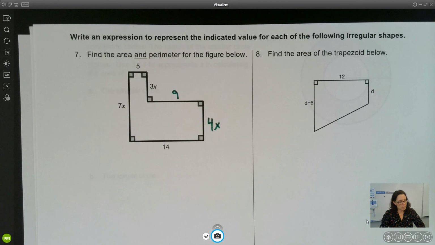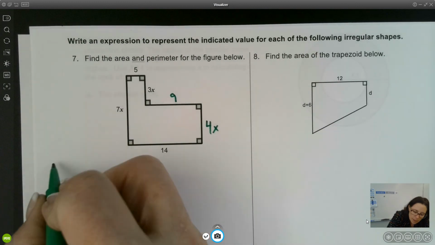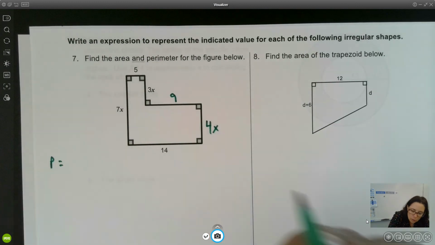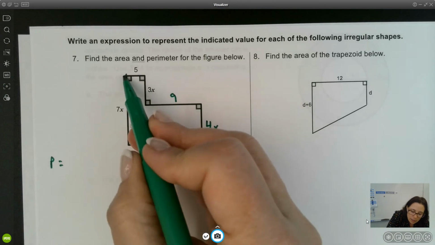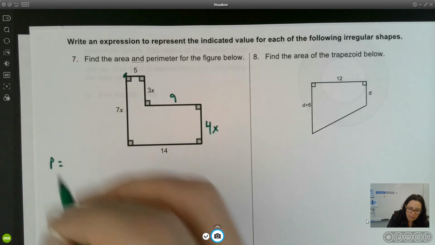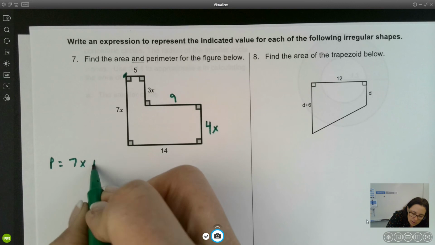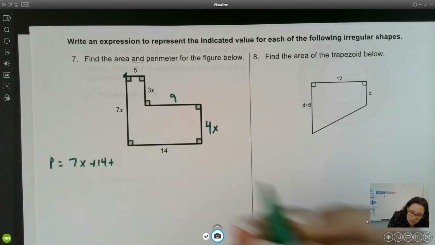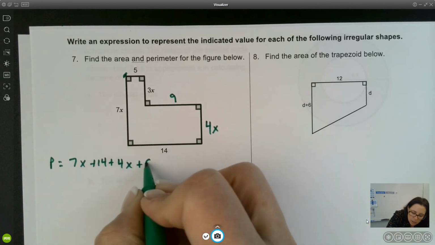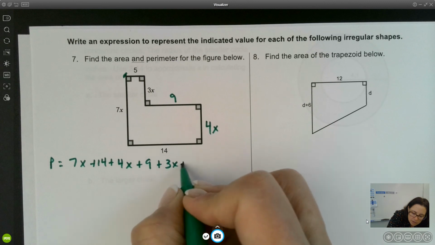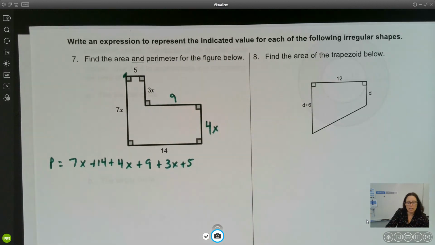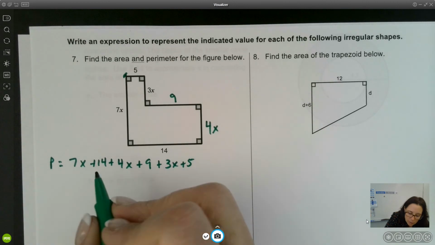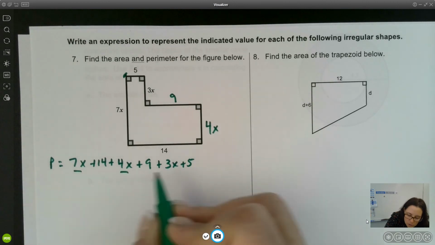Okay, so the perimeter, start over here for perimeter. I'm just going to start right here and walk around and add up. 7x plus 14 plus 4x plus 9 plus 3x plus 5. All of that added together is going to become the perimeter. So let me underline these x terms.